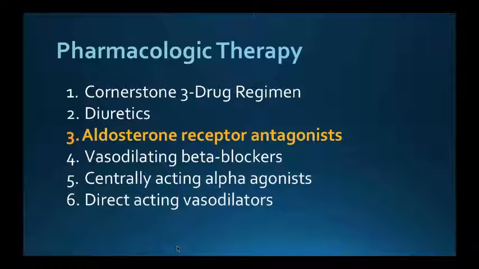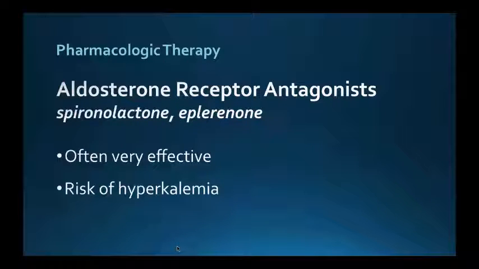So if a patient's already on the cornerstone 3-drug regimen and the right type of diuretic and the blood pressure is still uncontrolled, I look to add an aldosterone receptor antagonist, typically spironolactone. And I use eplerenone if the patient is spironolactone intolerant due to gynecomastia or any other side effects.